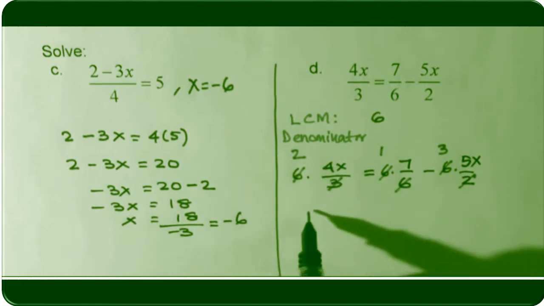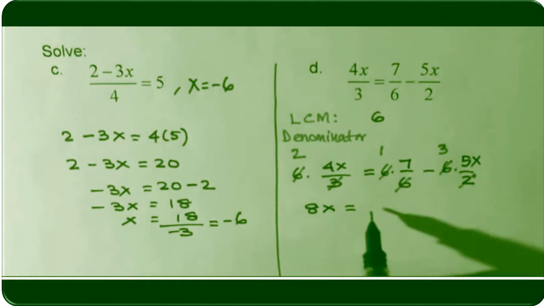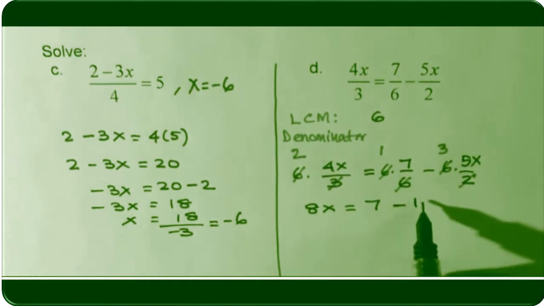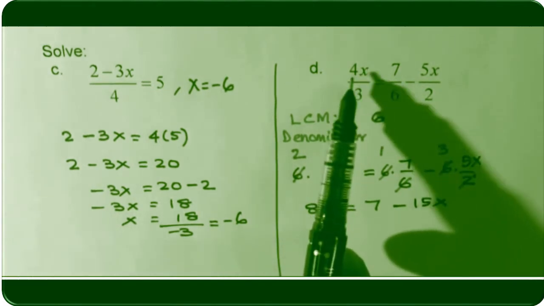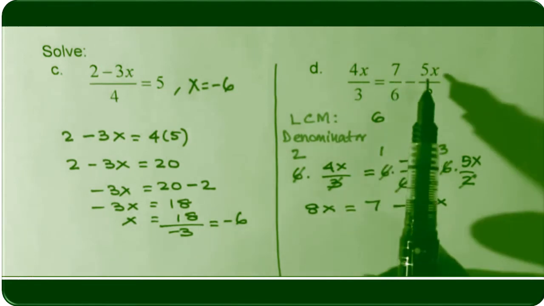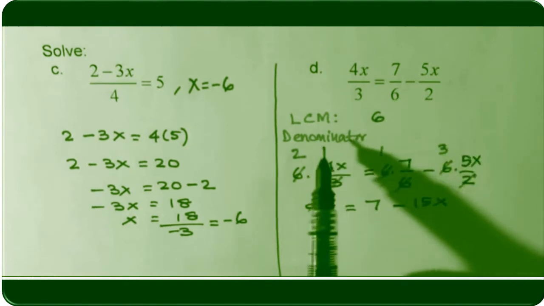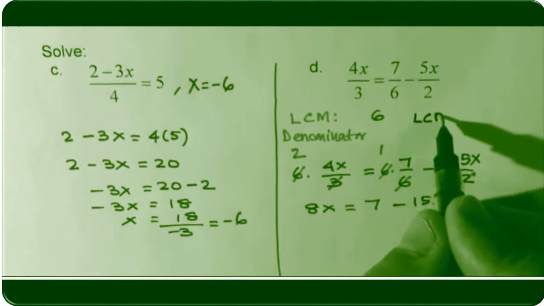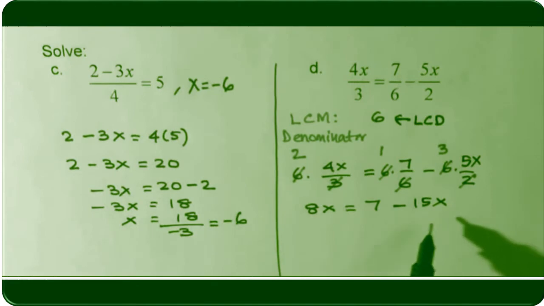4 times 2 is 8, so we get 8x equals 7 minus 3 times 5, which is 15x, correct. So 4 gets multiplied by 2, we get 8x, 7 remains, and minus 15x. We also call this the lowest common denominator, LCD, and you get a linear equation.